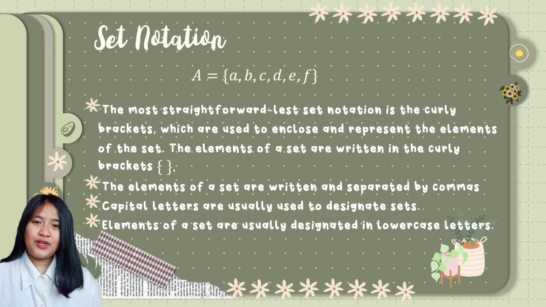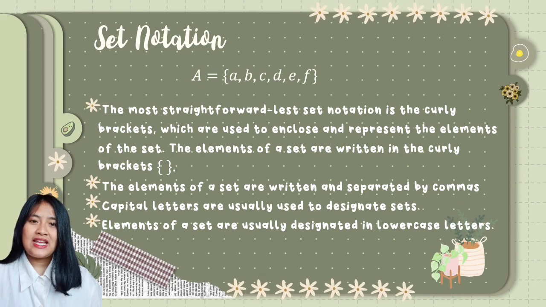The most straightforward set notation is the curly brackets, which are used to enclose and represent the elements of the set. The elements of a set are written in the curly brackets. The elements of a set are written and separated by commas.